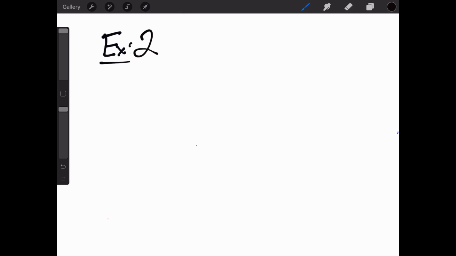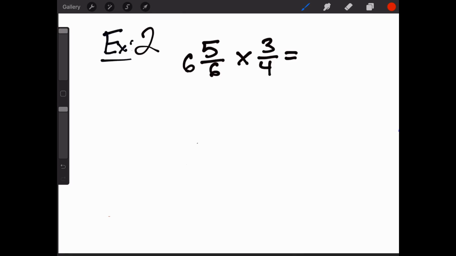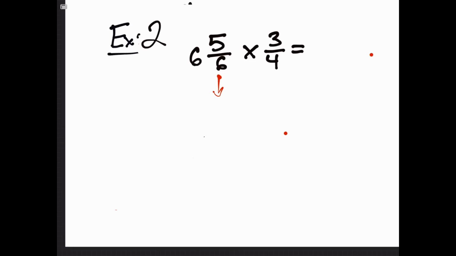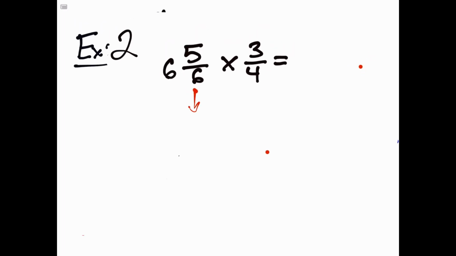All right, let's do 3/4. I'm doing it the other way so everybody could see. Let's do 6 and 5/6 times 3/4. So I'm going to make it a little bit smaller. Great. Change this to red. Now, you're going to have to switch. Sorry, the screen's acting a little weird here.